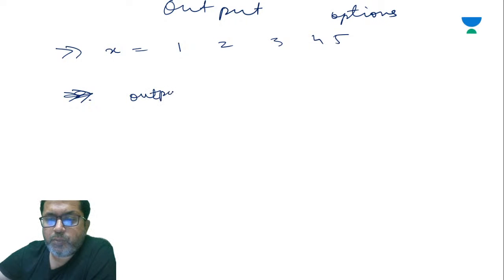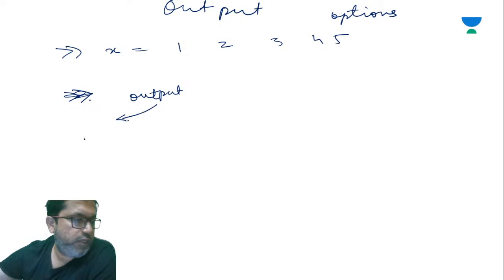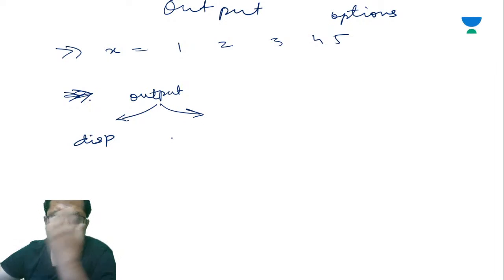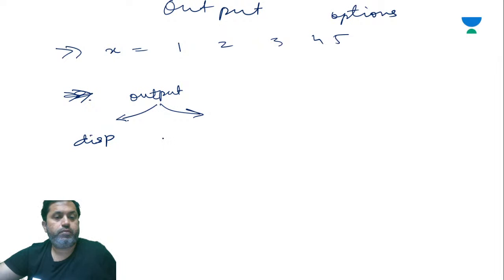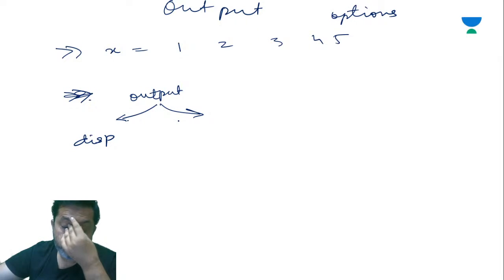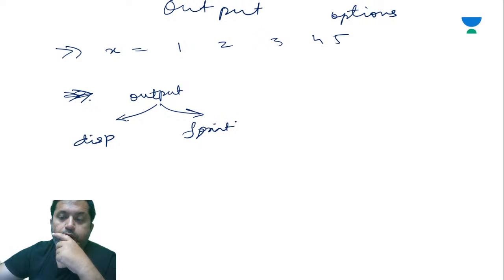First one is display function, disp. Second one is fprintf, to display the output.